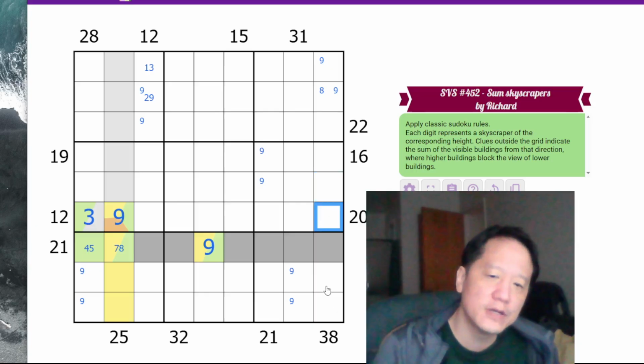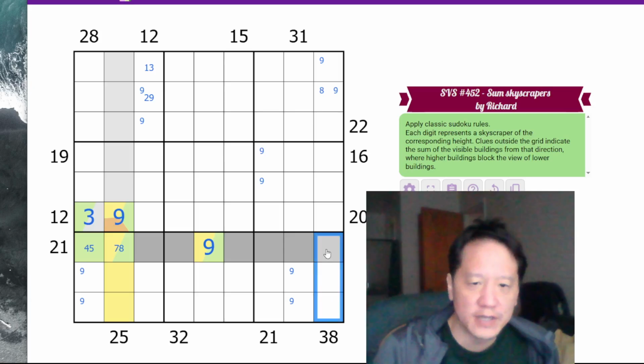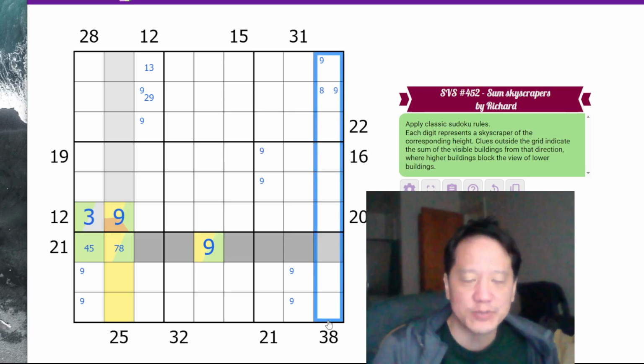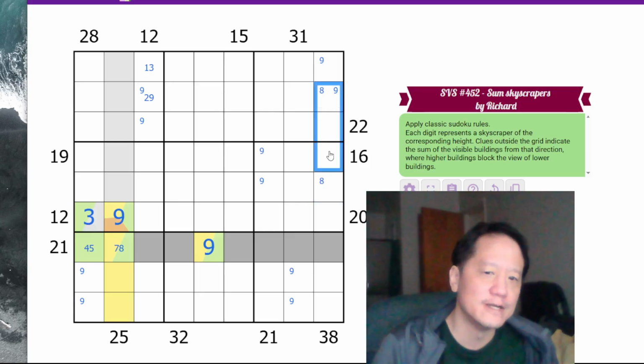Again, it can't be any of these digits, because then that would close off the possibilities to add up to 38, because you'd have just 8 here, and then none of these digits are seen except for the 9. So you have 8, 6, 7, and 9 at most, which would be 30, which obviously this doesn't add up to. But you could have 8 here, and you could have 1, 2, and 4 here, right?